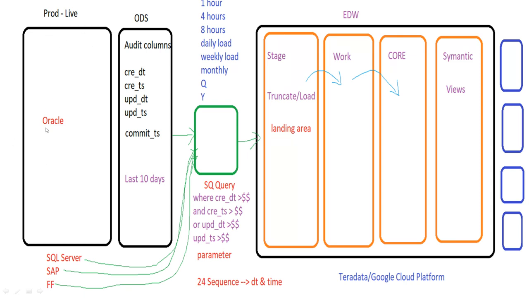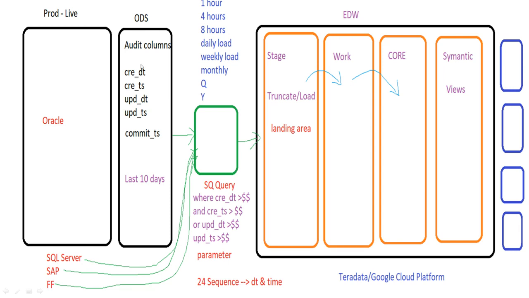We have heterogeneous sources like Oracle, SQL Server, and flat files. With this type of OLTP, online transaction processing, we get the data live. Then we send the last 10 days to our ODS layer with the created date and created timestamp, updated date and updated timestamp.